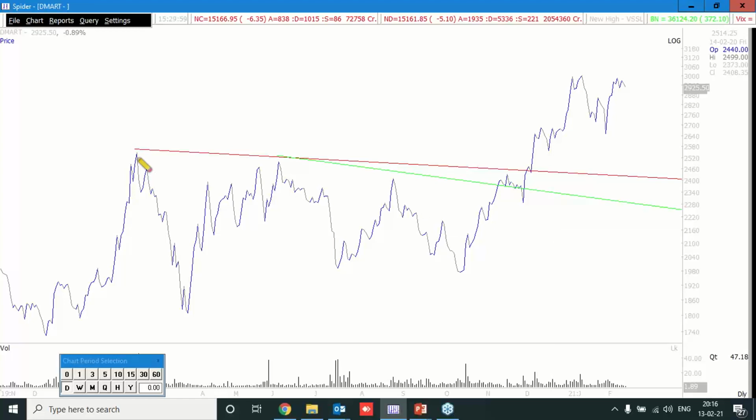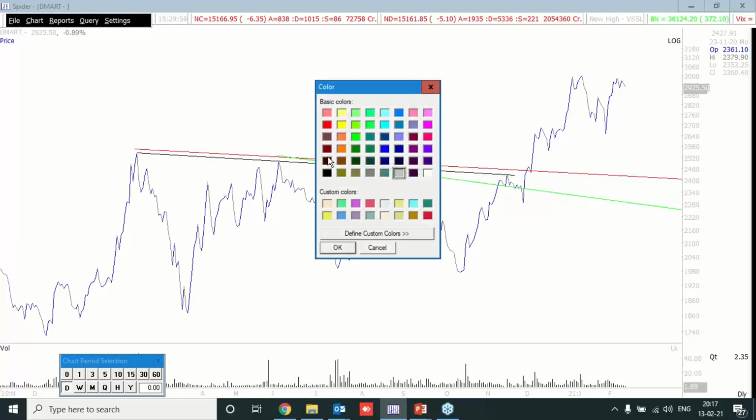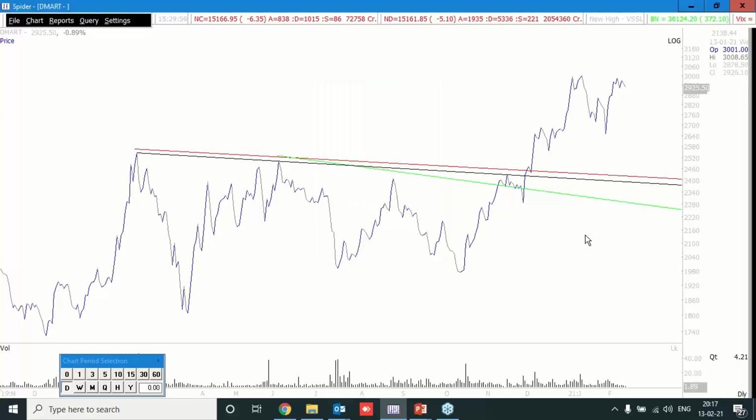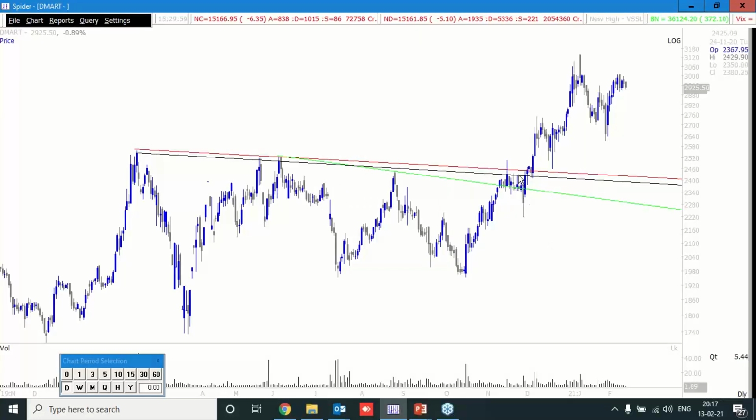So on a closing basis, this is going to be like this. This is the third reference I'm trying to look at, which probably brings in more clarity to me. So maybe I'll use this black color for this trend line. Now if I look at this, this black colored line is the one which is bringing much more clarity, right? Because when I was looking at only this red line, it was okay, but the point was that I was skipping this point number 3.